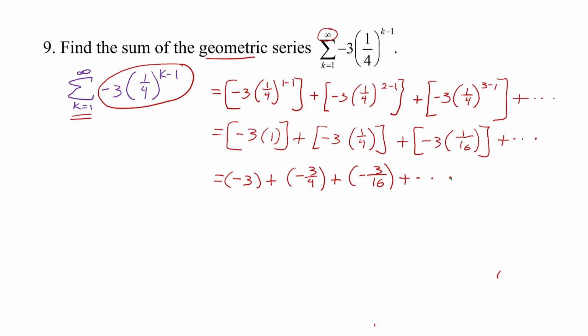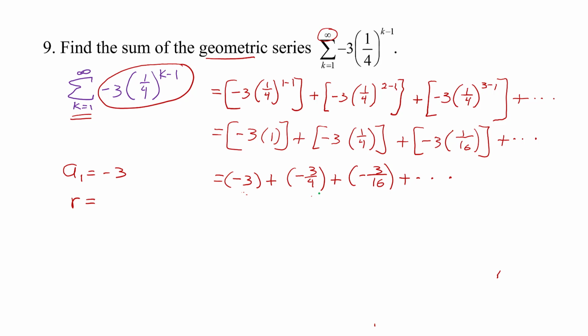Well, first of all, I'm going to look for the first term. To find the sum of this geometric series, our first term is negative 3. We can see the first number in our series is negative 3. And then to find the common ratio, what number do we multiply to go from negative 3 to negative 3/4?